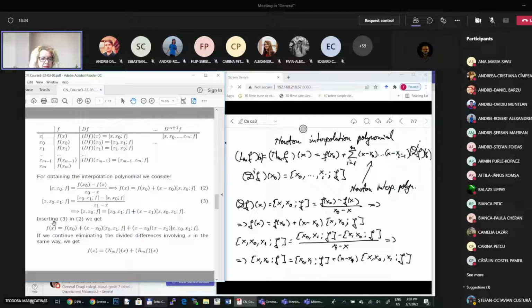We replace this in the first equation where we had f of x. So we replace this divided difference of first order.